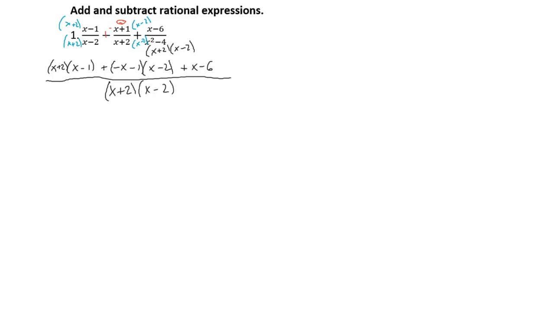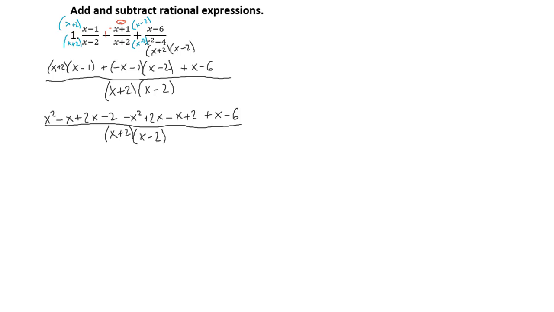And so now that they're all there, I can multiply this out, and I get x² - x + 2x - 2, and then -x² + 2x - x + 2 plus x - 6. And all of that is over (x + 2)(x - 2).